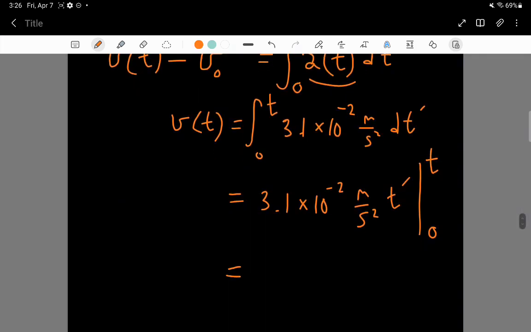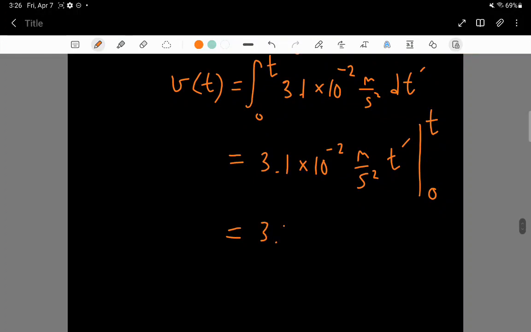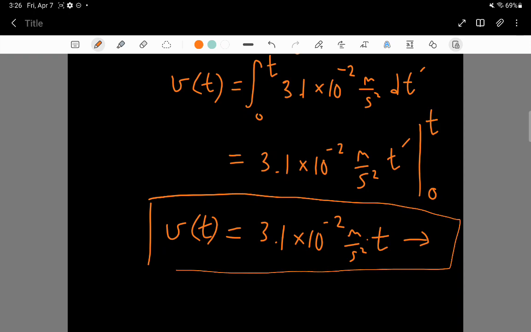And that evaluation is very simple. It's 3.1 times 10 to the minus 2 meters per second squared times t, and it's actually towards the right. So let me include the vector direction. So the velocity as a function of time is this expression right here.